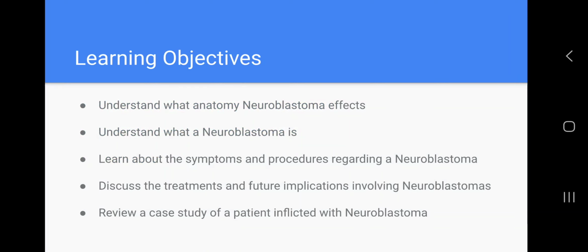For our final presentation for radiation biology, I chose to look into the subject of neuroblastoma.